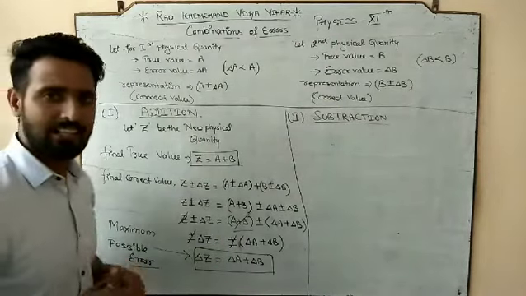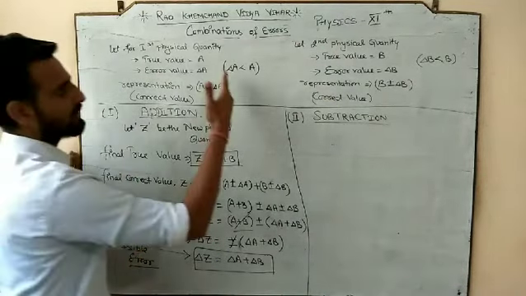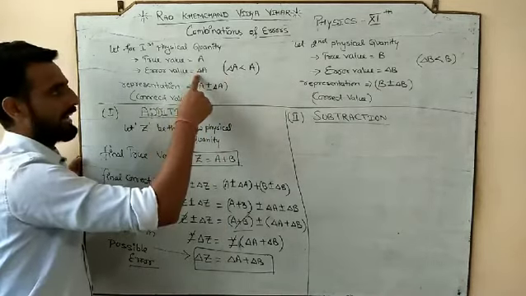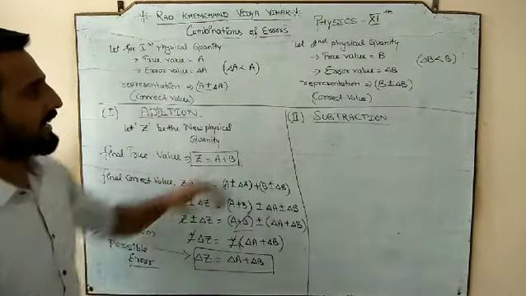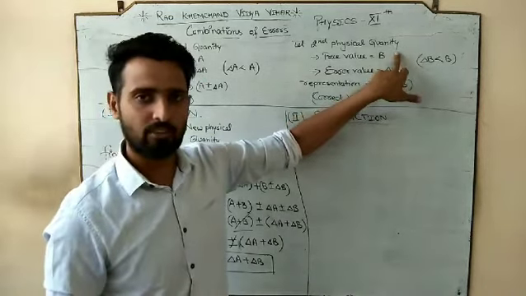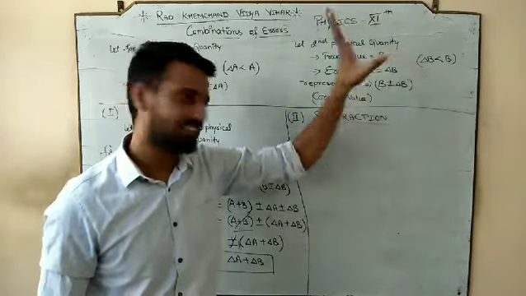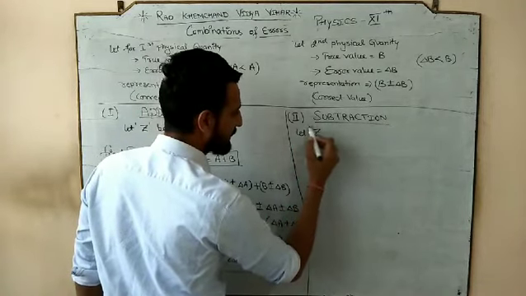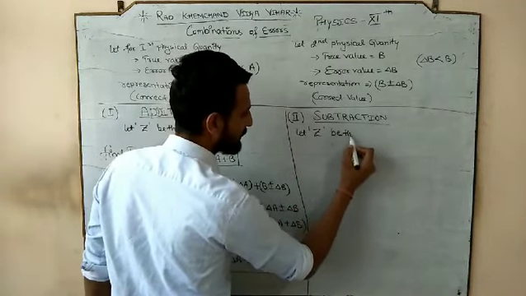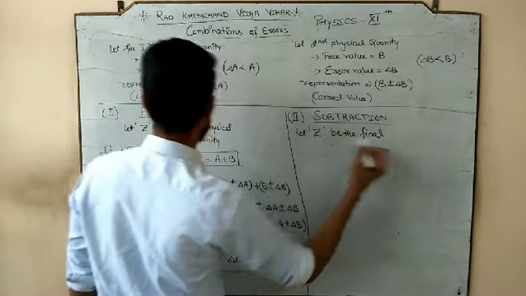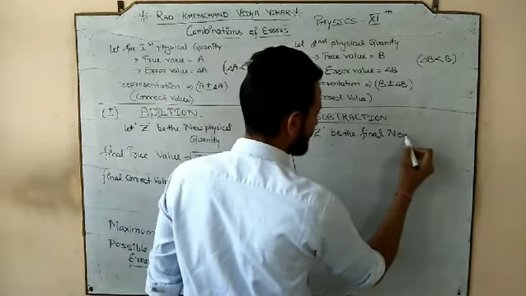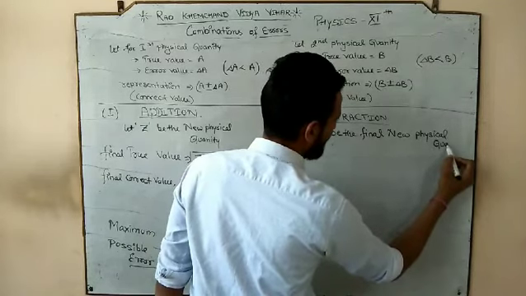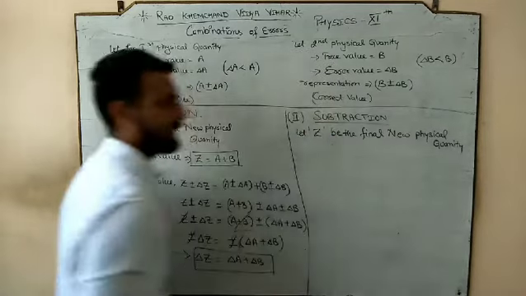So I am going directly to the subtraction of these two quantities, having true value A and error delta A, which is A plus minus delta A, and a second physical quantity with true value B and the error delta B. Let's try to operate, and again let Z be the final new physical quantity that we are going to get.